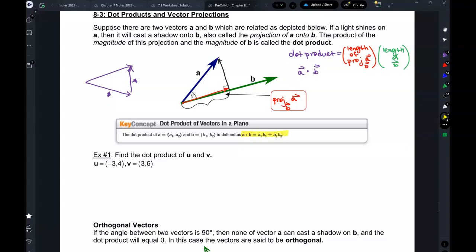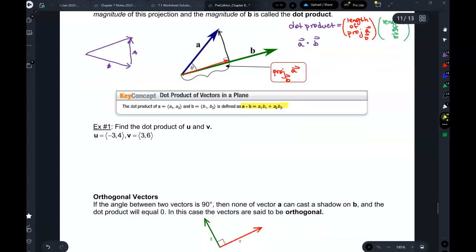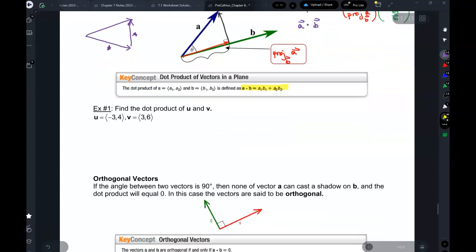It's A1B1 plus A2B2. Very straightforward. So take a look here. I have vector U and vector V. I want to find U dot V.